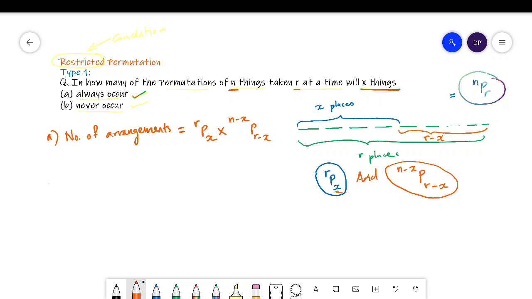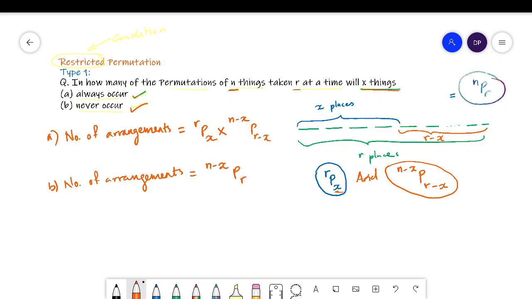Now let's see B. B is very simple. When we say never occur, just forget about the things that are not occurring, meaning subtract that many things from the total number of things or total number of items. So the number of arrangements will simply be equal to (n minus x)Pr, because we have to take r number of things.